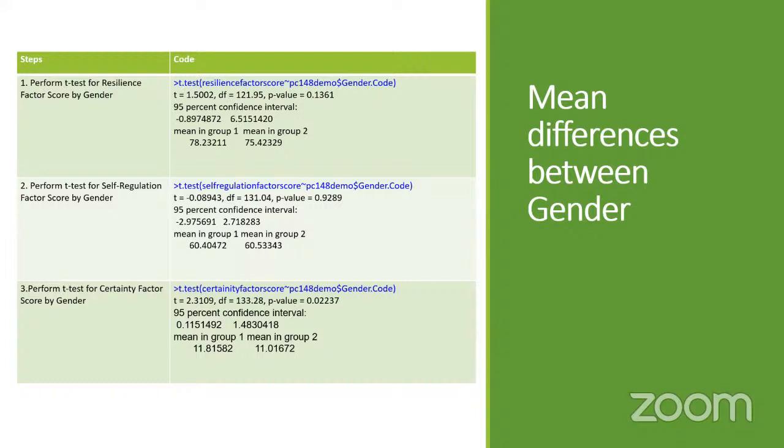So, Farah, can you tell me who is in group 1 and who is in group 2? So 1 is male, 2 is female. Okay, so here you can find that the males perceive a high level of certainty in comparison with the females, based upon your data.